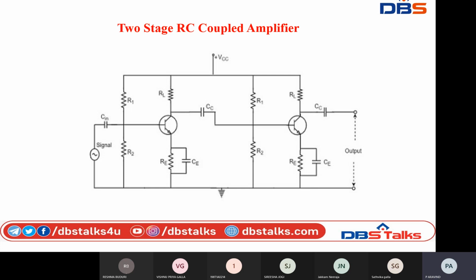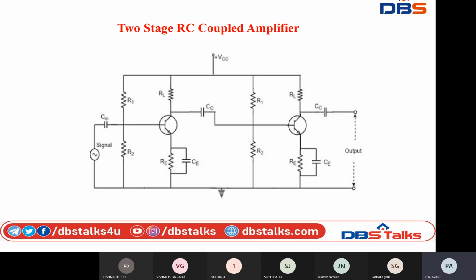It is present at one end of the first stage and connects to the beginning portion of the next stage amplifier. The coupling capacitor prevents the DC interference between the stages and also controls the shift of operation. Okay, so this is the two-stage RC coupled amplifier.